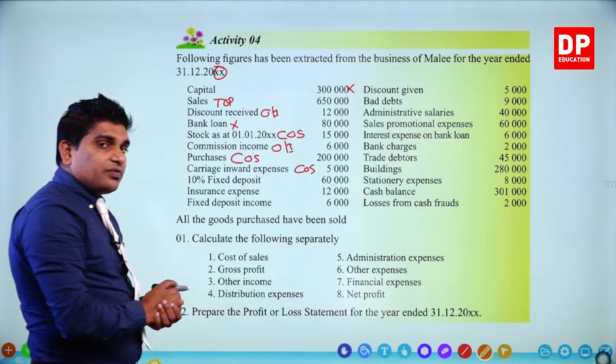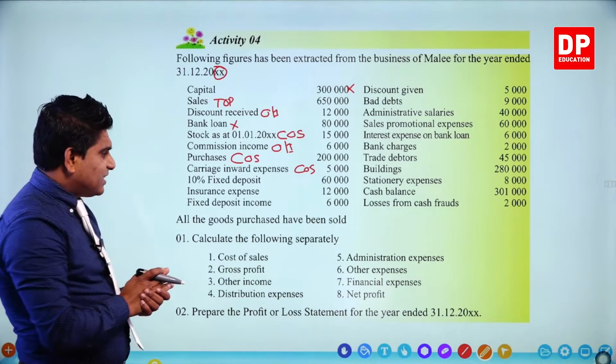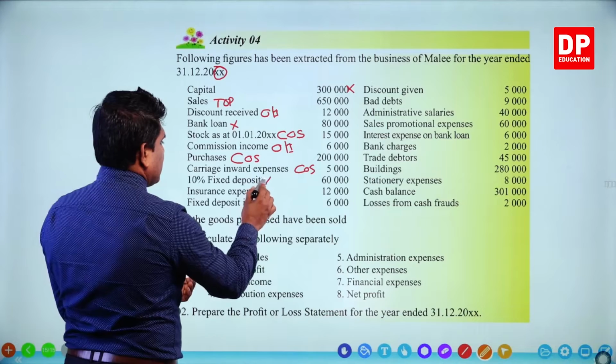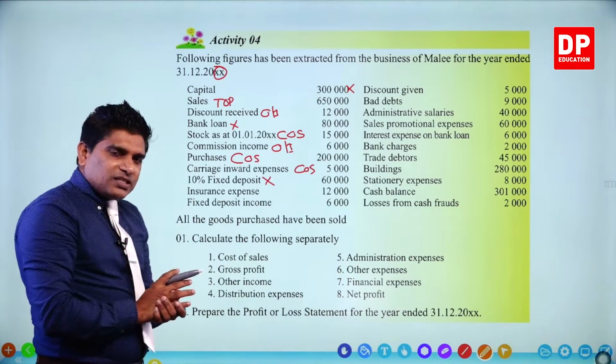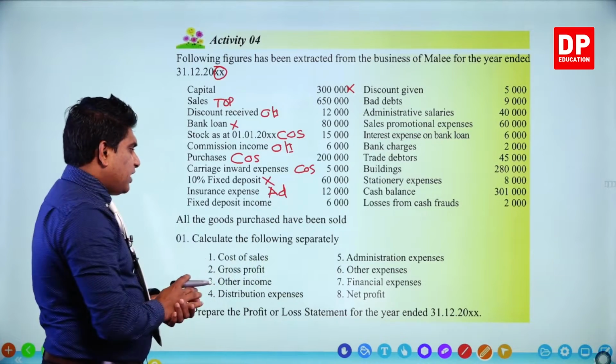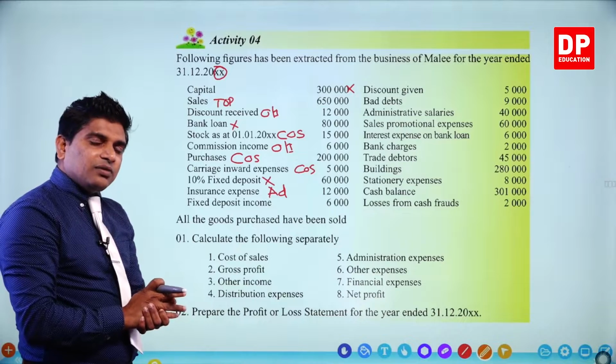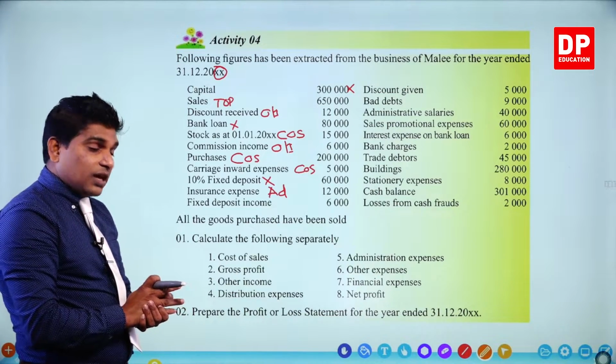Fixed deposit, do you take? No. Asset, we don't take. Insurance expense, administration, right? Fixed deposit income, other income.